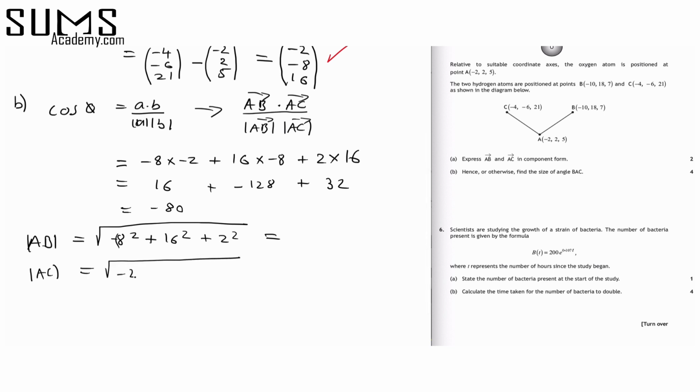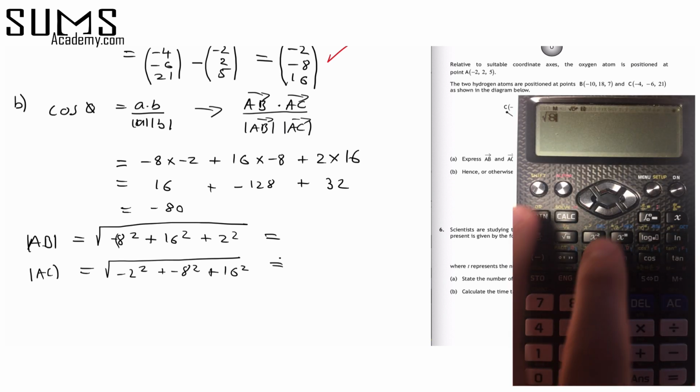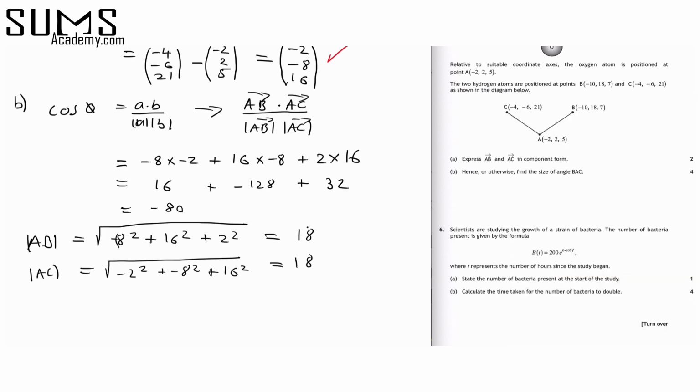So it's negative 2 squared plus negative 8 squared plus 16 squared. So the square root of 8 squared plus 16 squared plus 2 squared is equal to 18. And this will be equal to 18 too. And because everything is squared and square rooted, you don't need to worry about the signs. So now we actually have all the components, and we can substitute this into our equation.